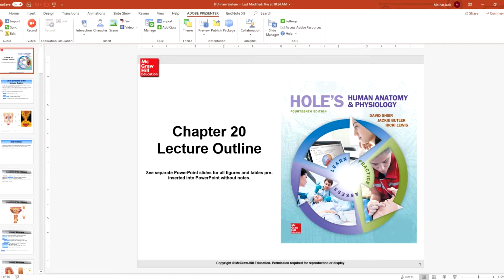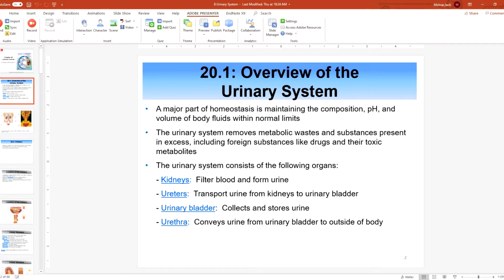All right. So here we are talking about the urinary system. And the urinary system consists of four types of organs. There are two kidneys, two ureters, a urinary bladder, and a urethra. The kidneys are going to filter the blood and form urine.